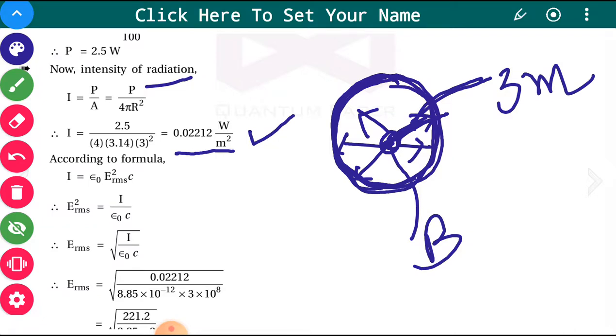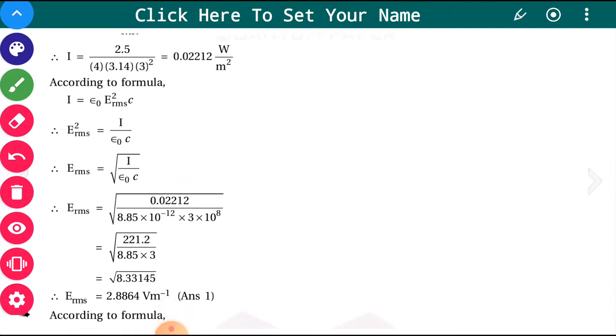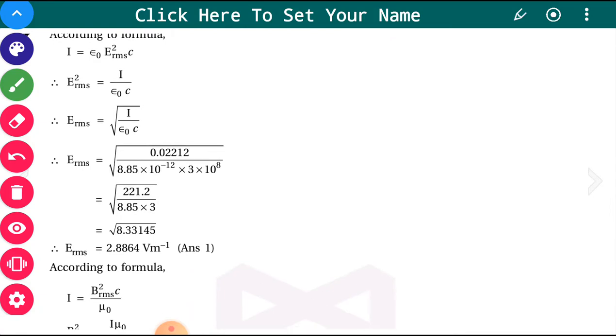Now as you know, intensity is given by the formula epsilon 0 E RMS square into C. So E RMS square will become I upon epsilon 0 C, and take the square root of it. That will give you the square root of I upon epsilon 0 into C. So E RMS can be easily obtained.